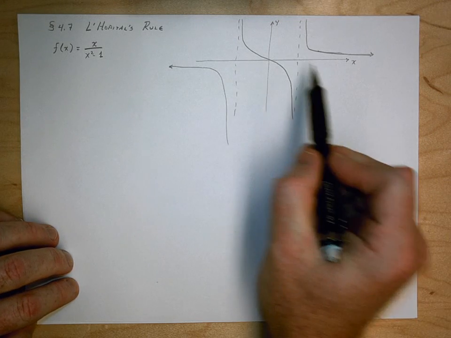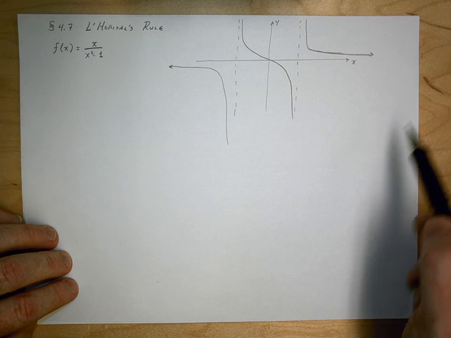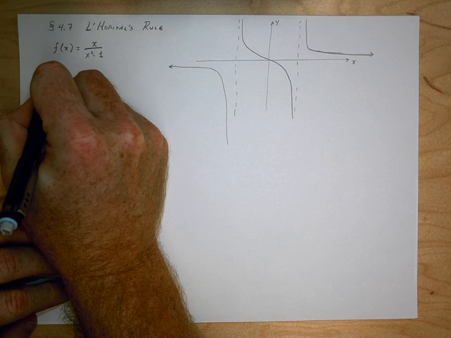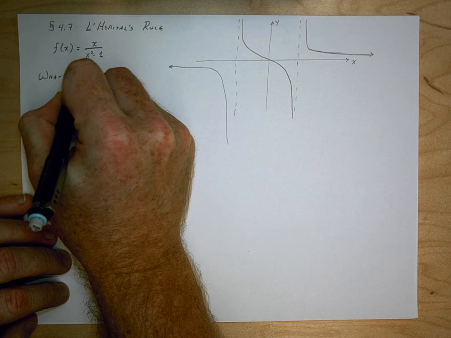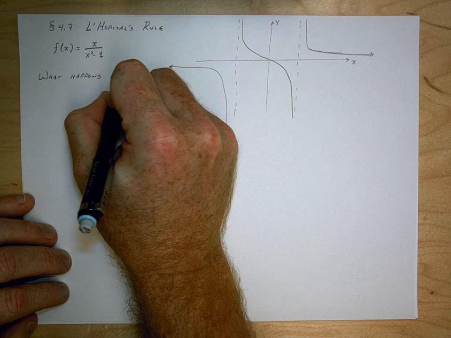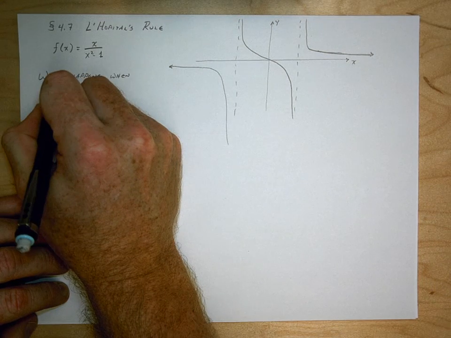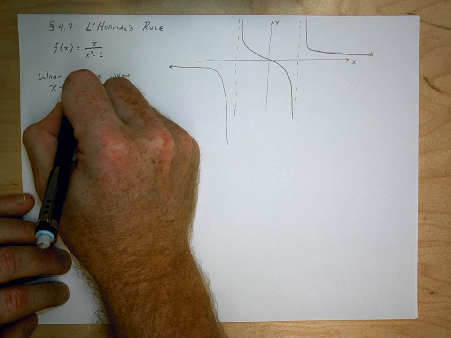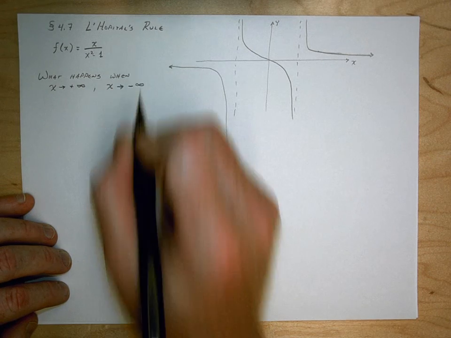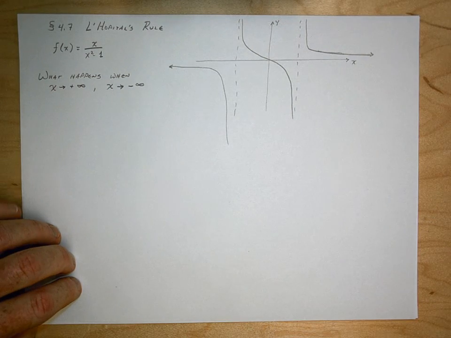Are there values that the function gets really close to but never quite achieves? So let's just make a note of this. So conceptually, that's what we're talking about.